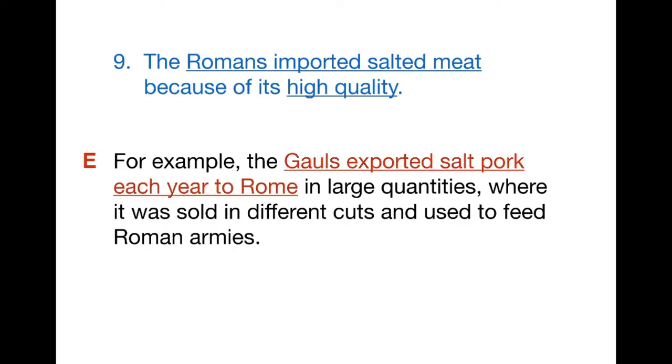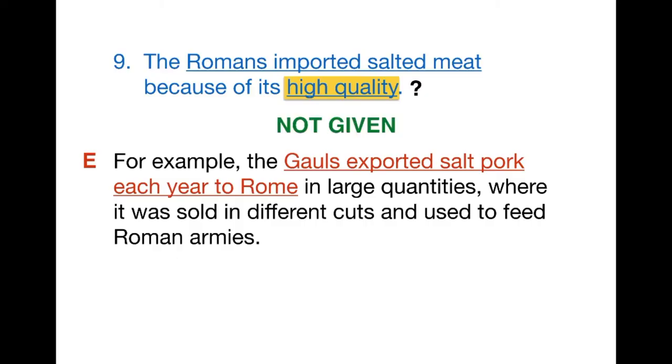If the Gauls exported salt pork to Rome, that means the Romans did import salted meat, salt pork. But is there any information about the high quality? The answer is no. Again, we don't know whether it's because of high quality or for other reasons, so we have to put not given.